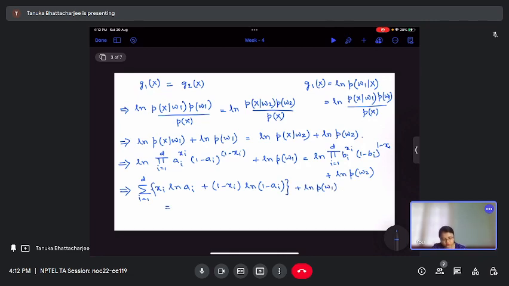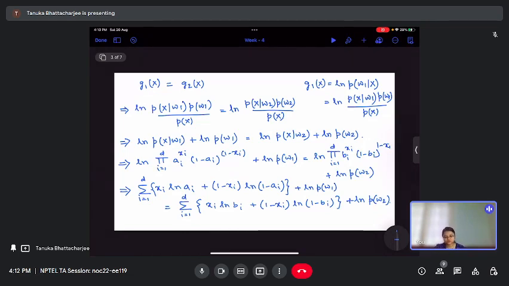That is equal to, if we similarly simplify the right hand side, summation i equal to 1 to d, xi ln of bi plus 1 minus xi ln of 1 minus bi plus the prior probability term. This is the simplified expression.